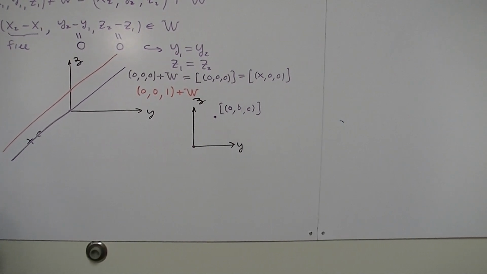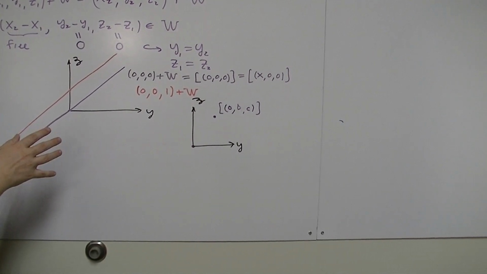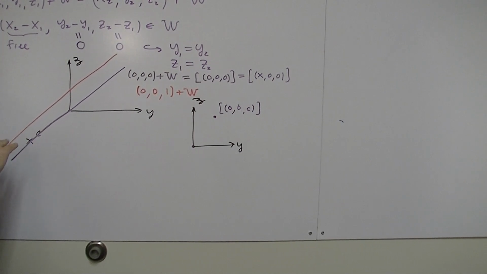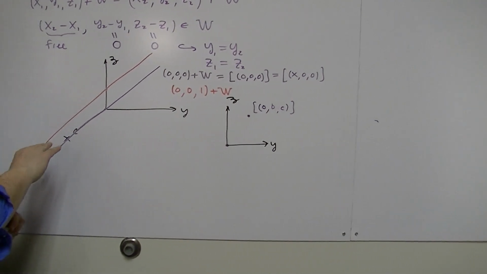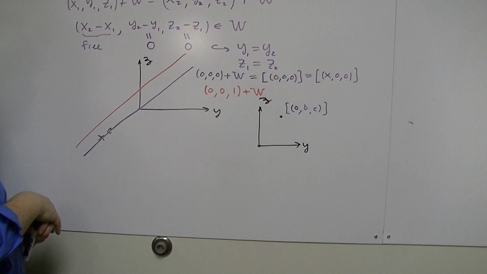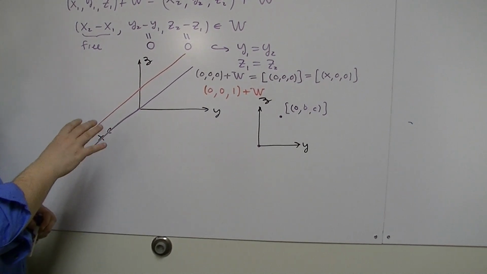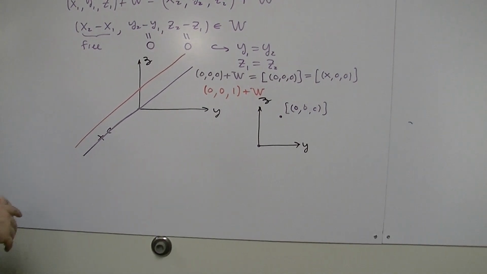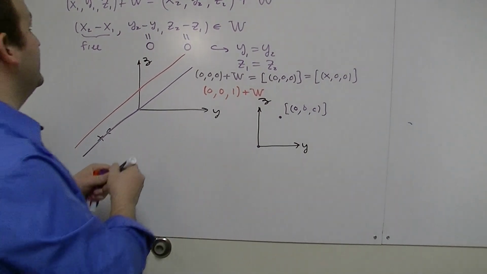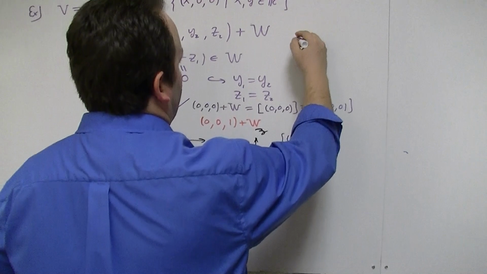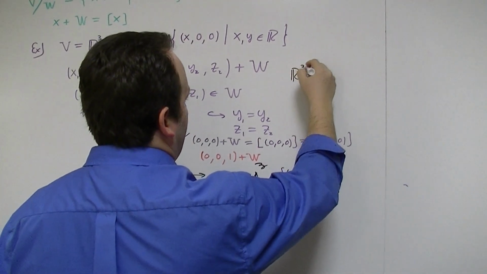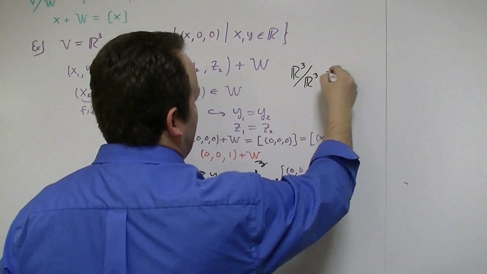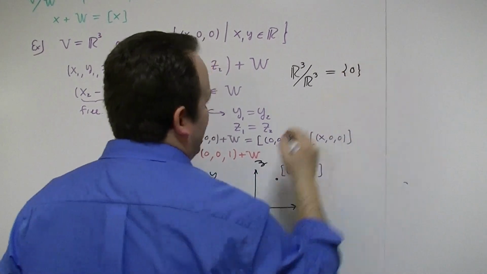So for quotient spaces in R3, the interesting quotients are either by a plane or by a line, right? What happens if you take all of R3 and you form the quotient by that? Well, that's kind of silly. We'll talk more about this after the break probably, but for what it's worth, if you take R3 and you mod by R3 itself, you just get the 0 subspace.